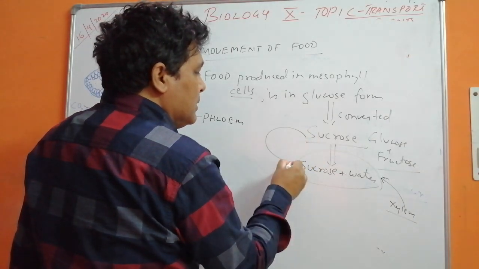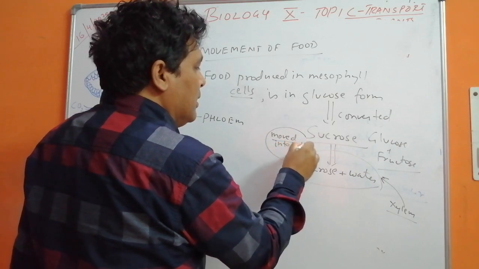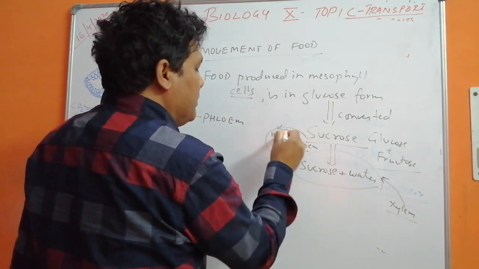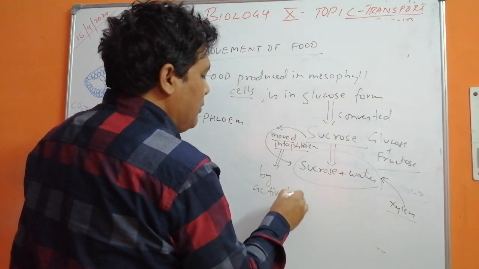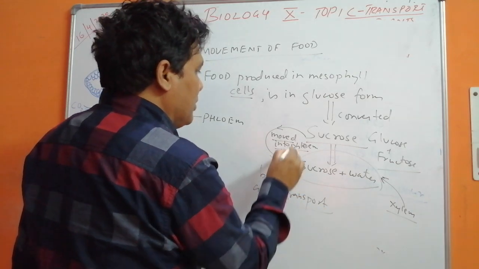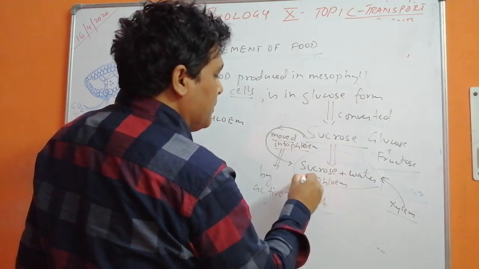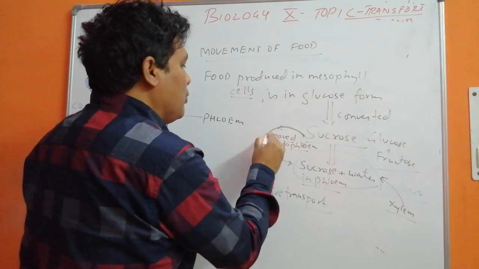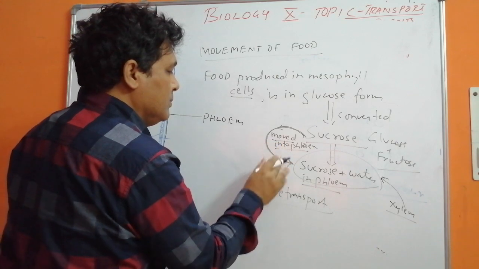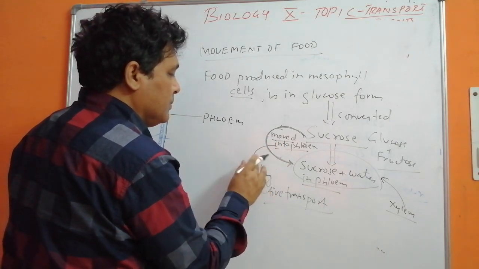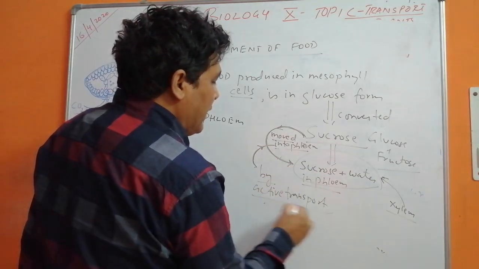Now this sucrose is first moved into phloem by active transport. So we are seeing here the sucrose is moved. This is in phloem. So first of all, it is moved inside by the process of active transport.